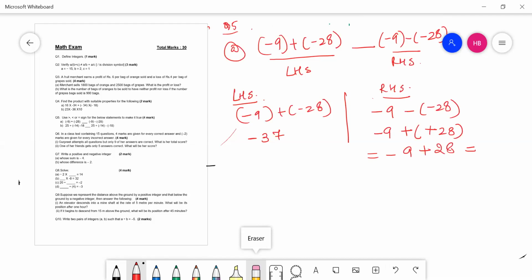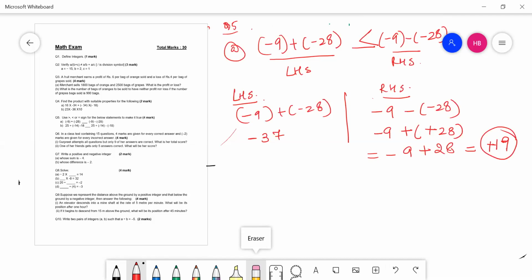Why? Because these are of different signs. If the signs are different, we subtract. So 28 minus 9 will give me 19, and because 28 is greater, I'll get plus 19. So which one is greater, minus 37 or plus 19? Obviously plus 19 is greater, so that's why the sign will be like this.